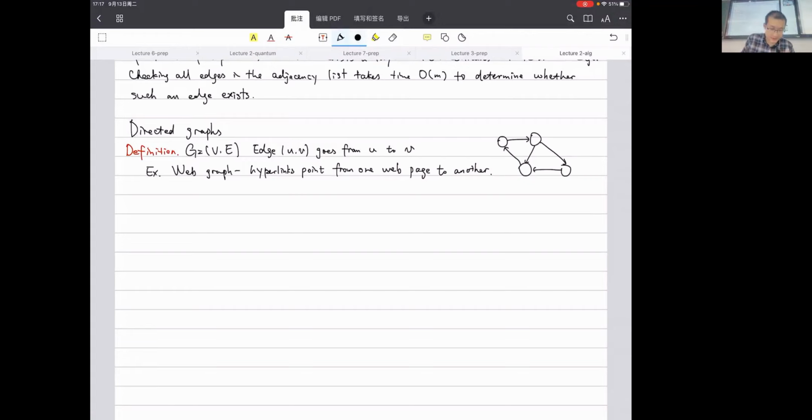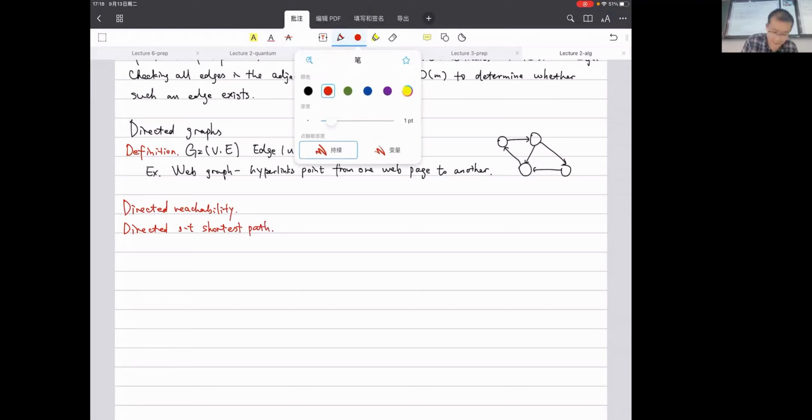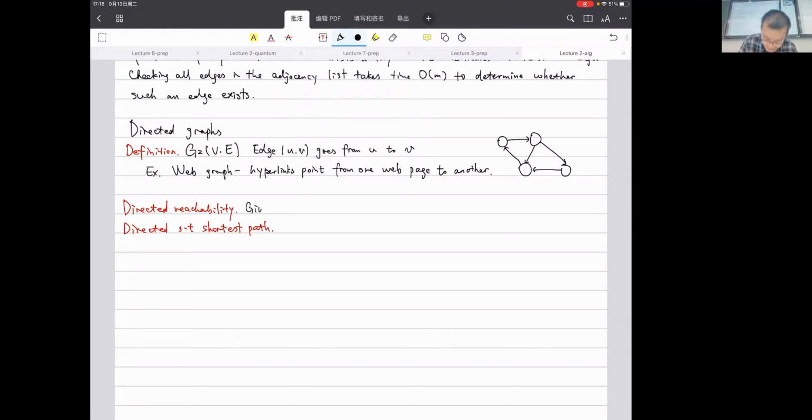So in general, a directed graph is going to look like this. Similarly, because we have been talking about the ST connectivity problem and the problem of finding the shortest path, we can of course define similar problems: directed reachability and directed ST shortest path. The intuition is relatively straightforward.